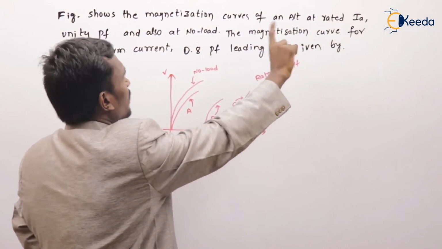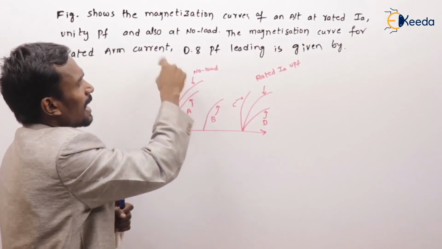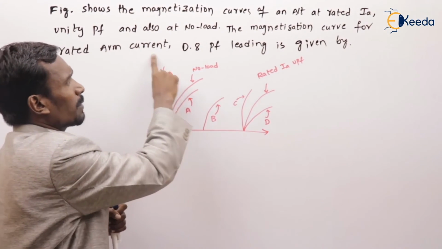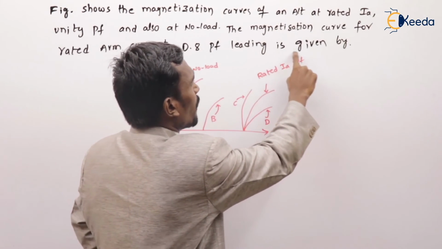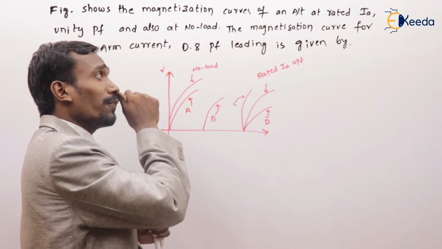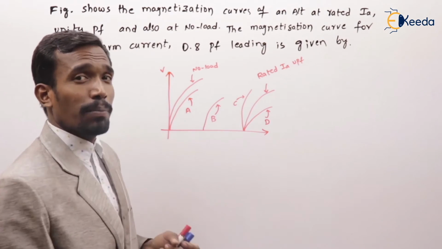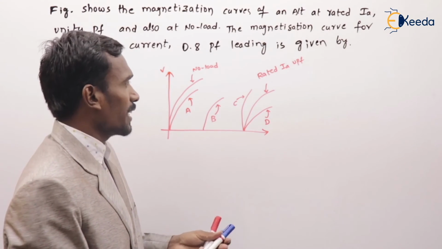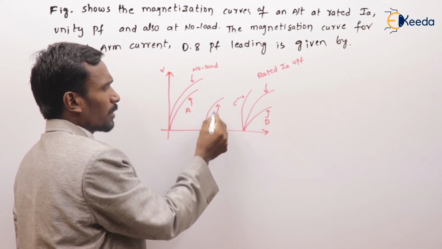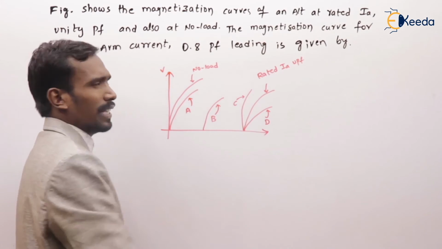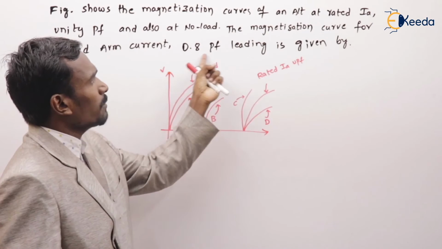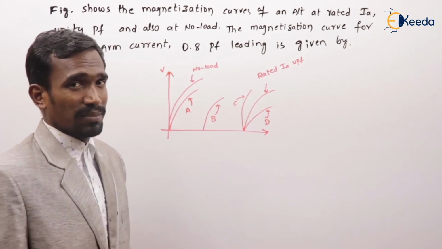The magnetization curve for rated armature current, 0.8 power factor leading is given by which? See here, they have given the no load curve, and curve B, curve C, and curve D. We have to choose one curve for the same armature current, 0.8 power factor leading.